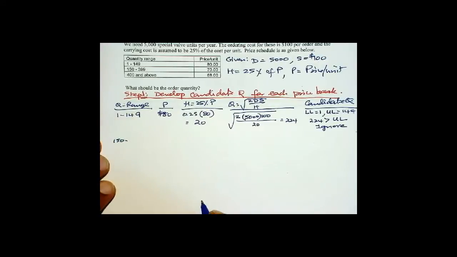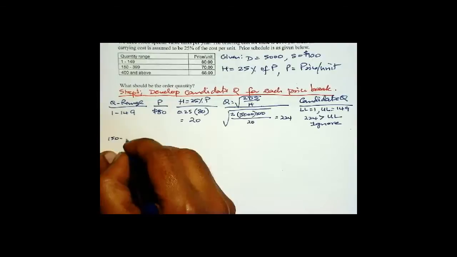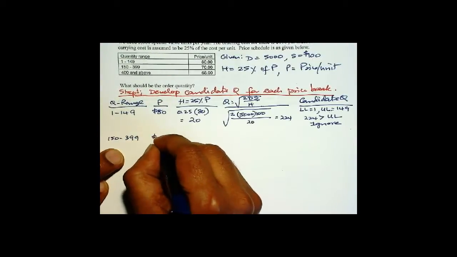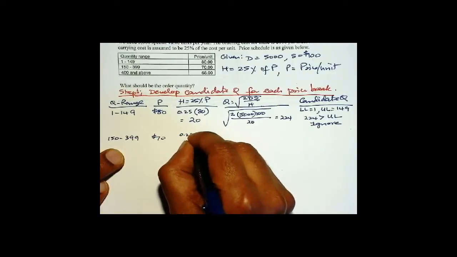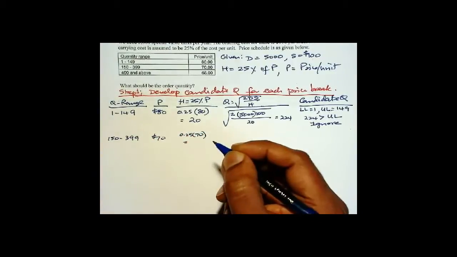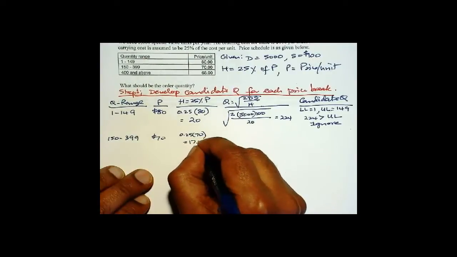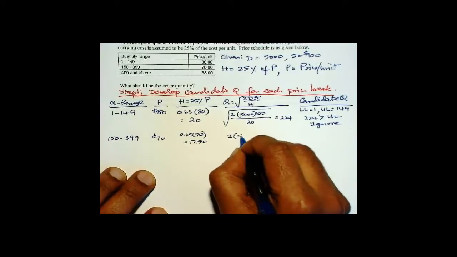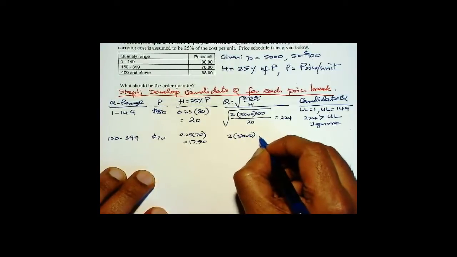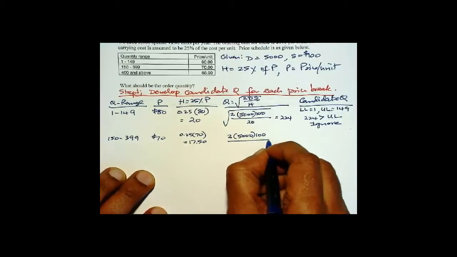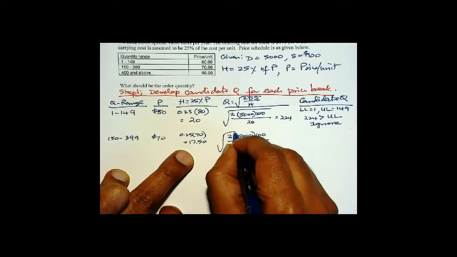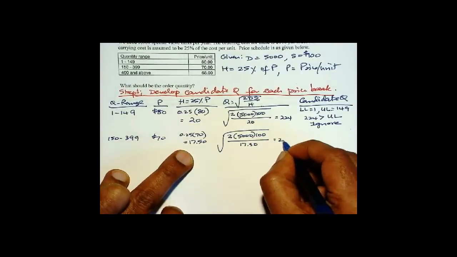Next price break is 150 till 399. The price here is $70. So 0.25 times 70, our holding cost is $17.50. So then EOQ formula is, now instead of 20 we are going to use 17.50, and this is 239.